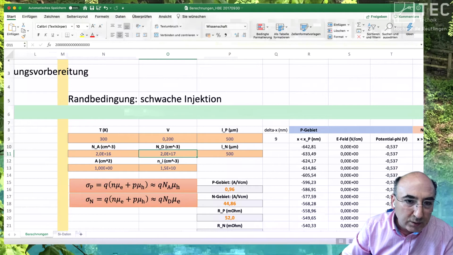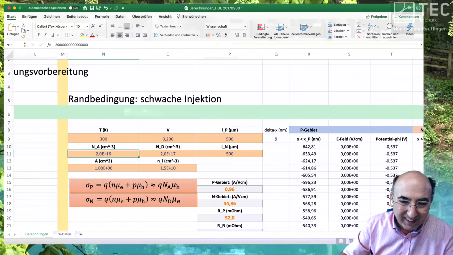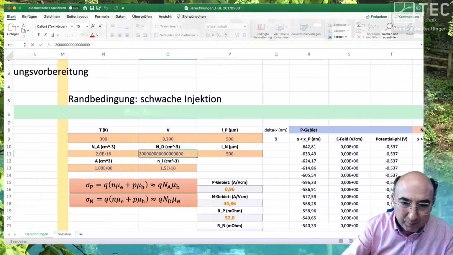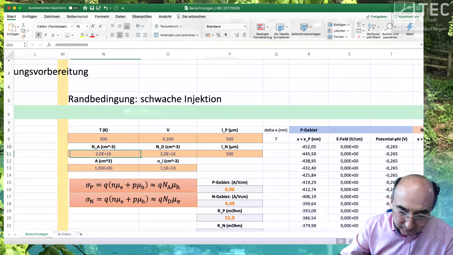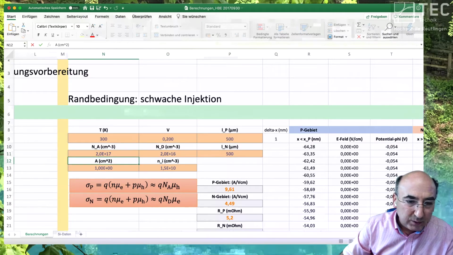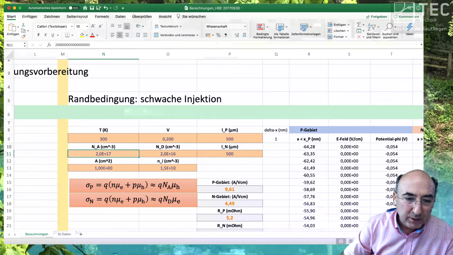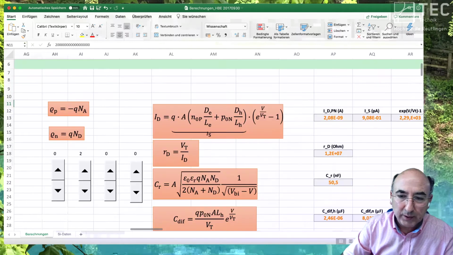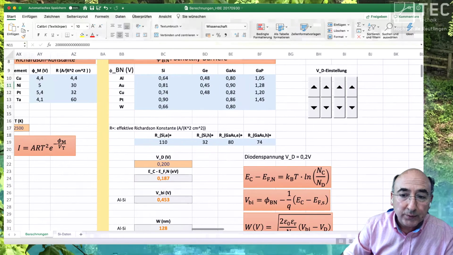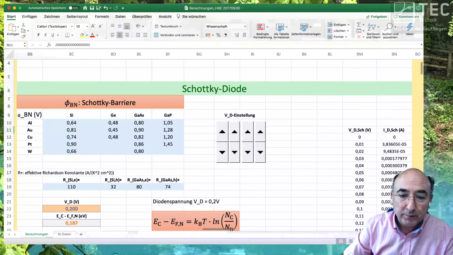Oh, no, yeah, you're right. So back again, and here one more. So the acceptor doping is now 10 times higher. Let's go back to the threshold voltage of the MOSFET.